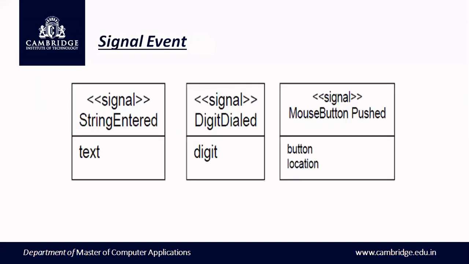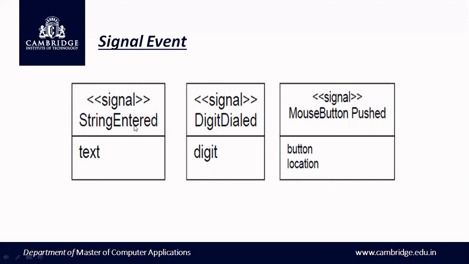So here, coming to the notation, in UML we have signal classes, right? In signal classes we use a rectangular box with two divisions, where the first division includes the signal keyword, which is within the angular brackets, followed by the signal name.